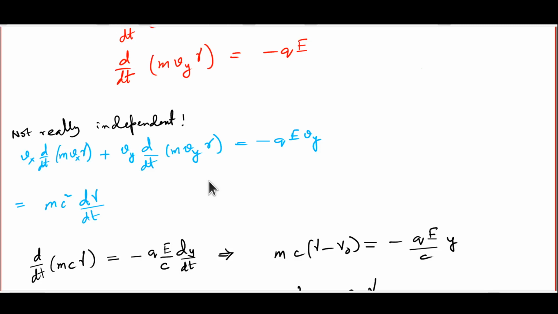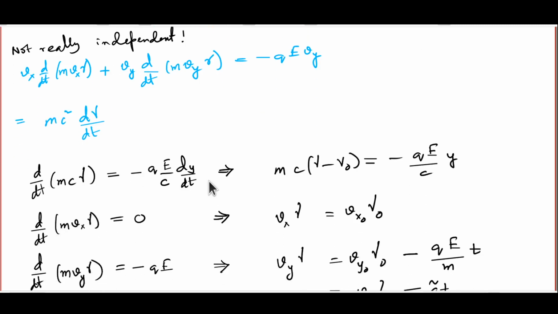The total energy of the particle has gone down simply because the particle has climbed up and done some work, which is minus qEy. mc² times (γ minus γ0), note, is nothing but the change in energy of the particle. Since the rest energy of the particle is fixed, it's really the change in the kinetic energy. Standard work-energy theorem that we also had in pre-relativistic physics.